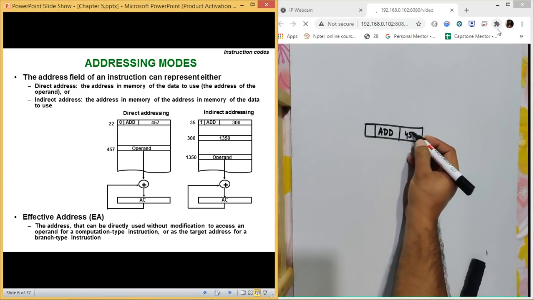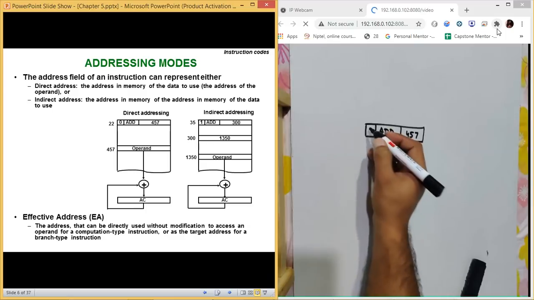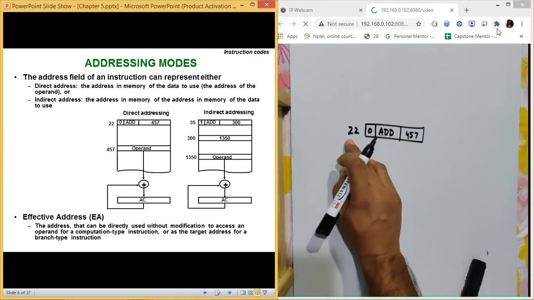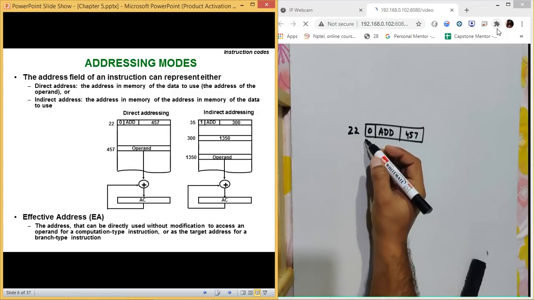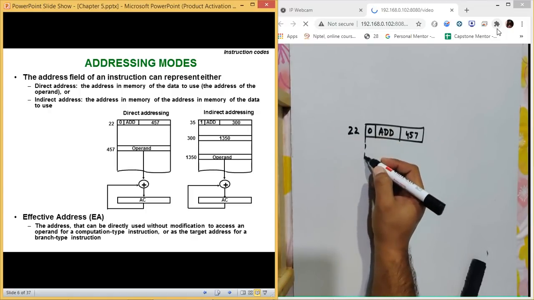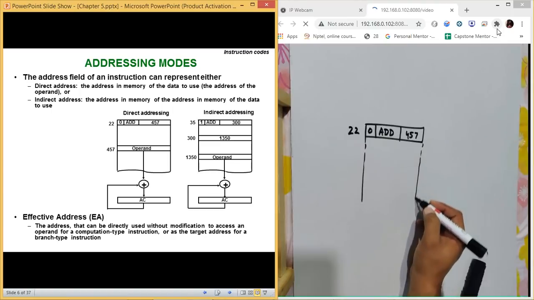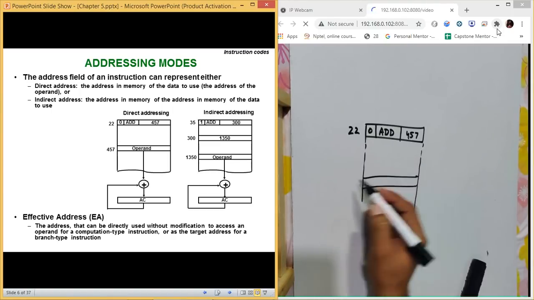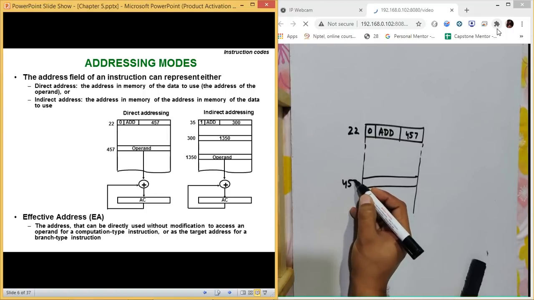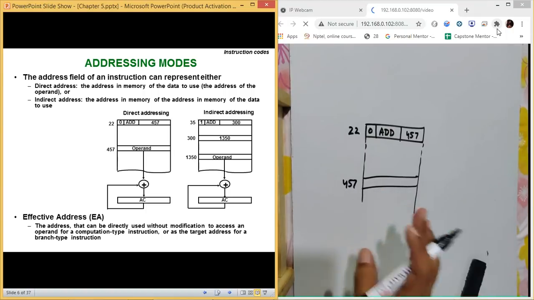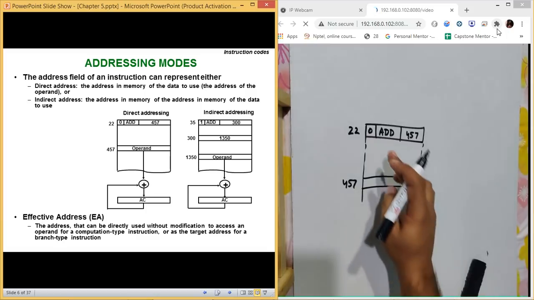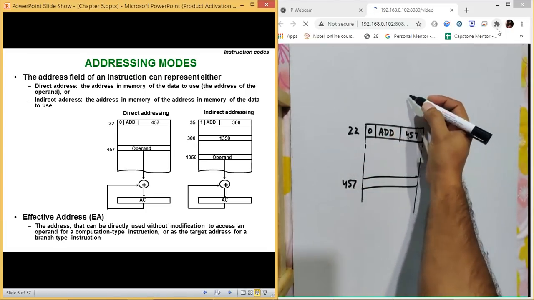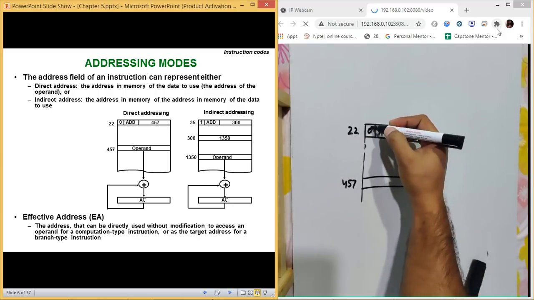This is 457. This is 0. Assume this is address 22. Then this is the complete program, and inside it we have another address, 457. As we discussed earlier, in the instruction format we have three different parts. The first part is the addressing mode, which is this one.